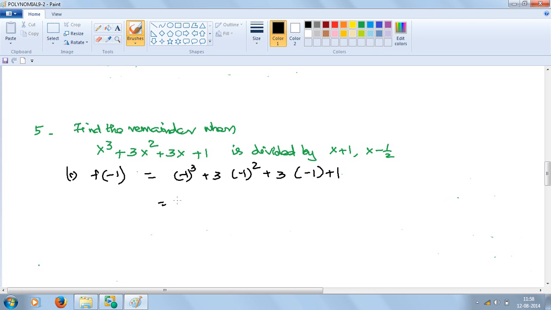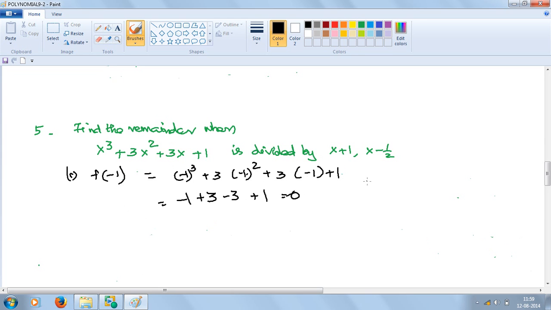Minus 1 cube is minus 1. Minus 1 square becomes positive, so it is plus 3. 3 into minus 1 becomes minus 3, plus 1. So the total becomes 0. f of minus 1 is 0. So what's happening?